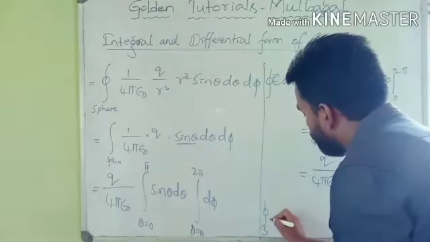Therefore, the total electric flux through any closed surface, the integral of E dot dA, is equal to, now see, 1 by epsilon naught is a common factor here. Let us take it outside. The summation over i equals 1 to n of Qi gives the total charge enclosed inside the sphere of radius r.